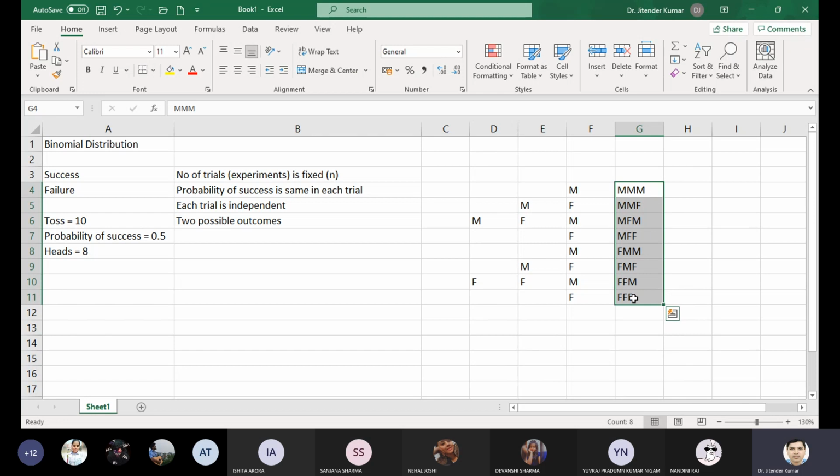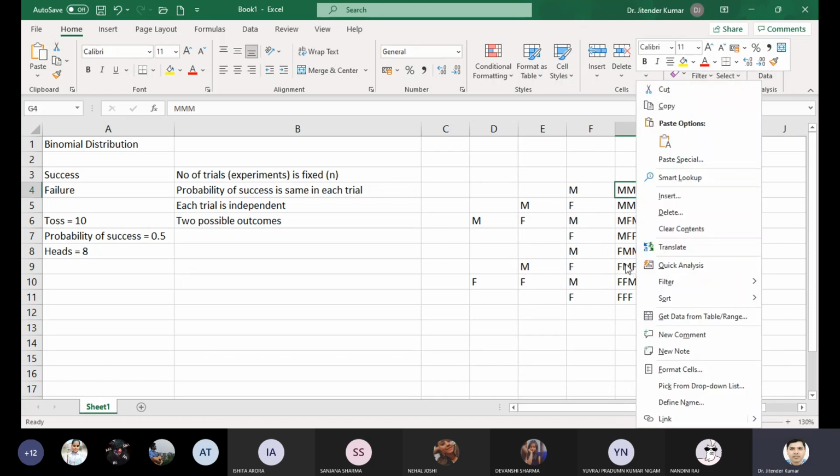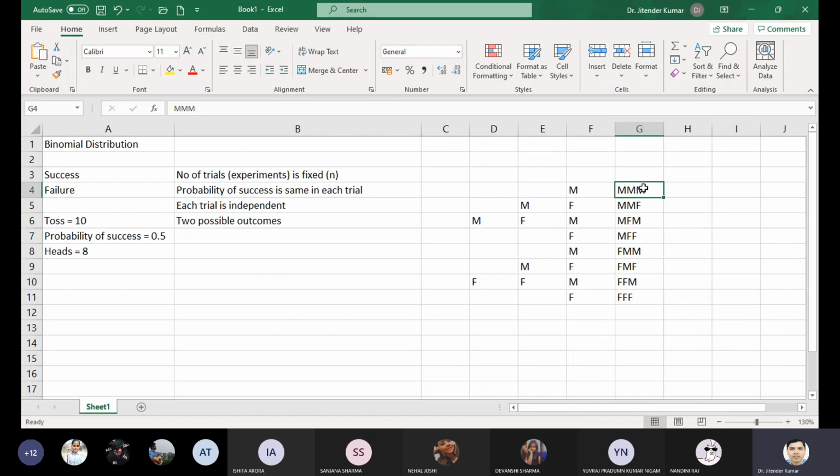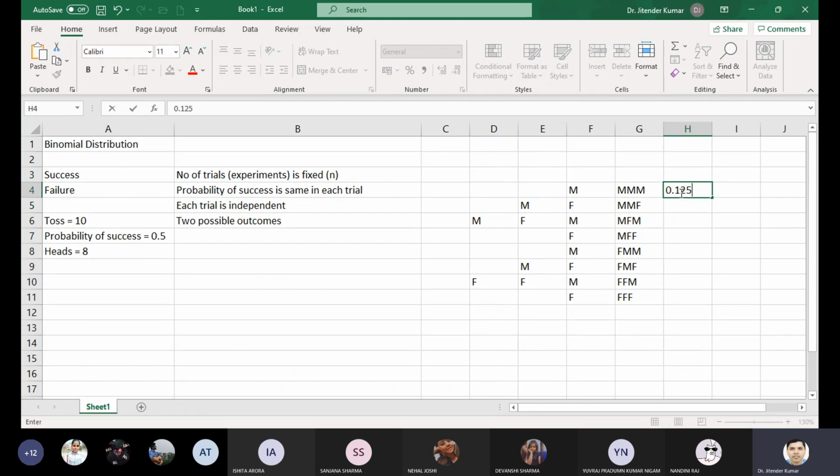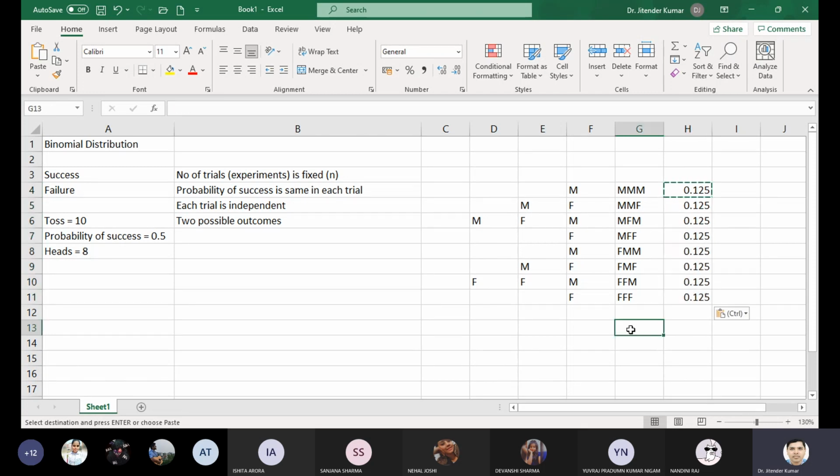So the total probability is always 1. So if the total probability is 1 and there are 8 possible outcomes, so 1 by 8 is the probability of each combination, right? So 1 by 8 would be 0.125. 12.5% probability for any particular outcome.